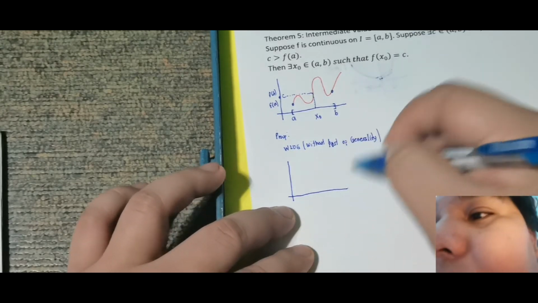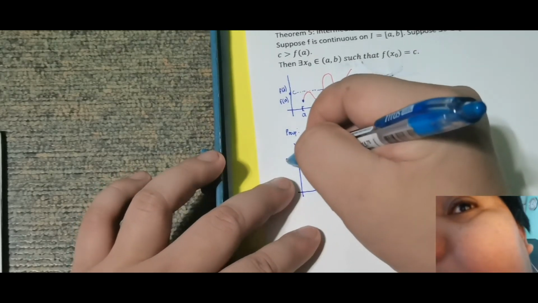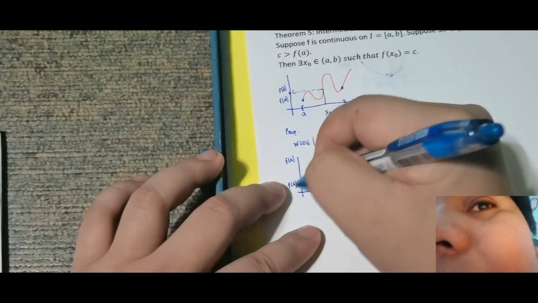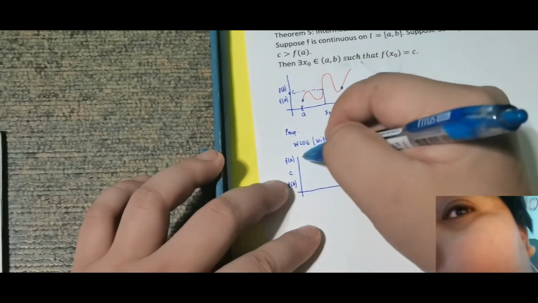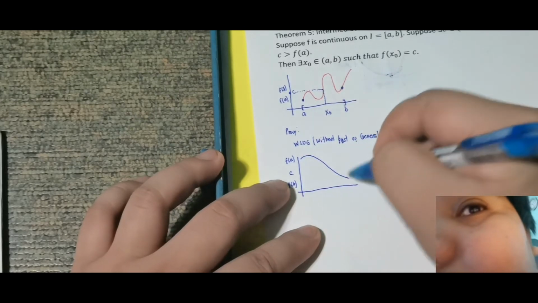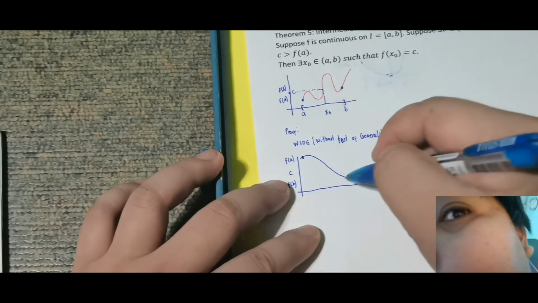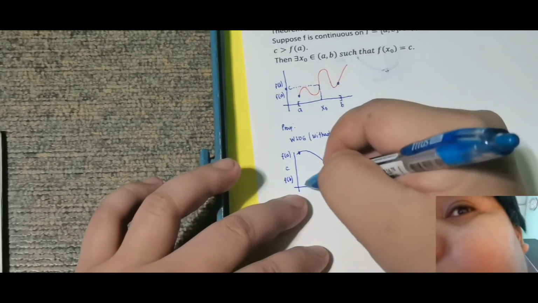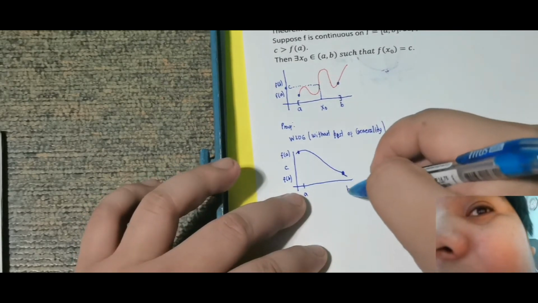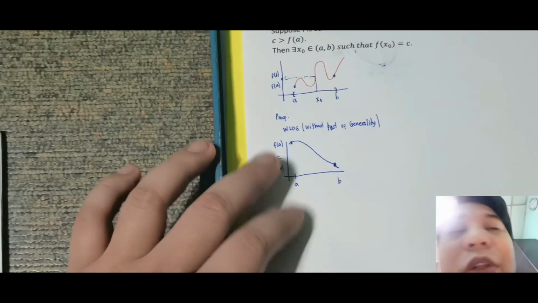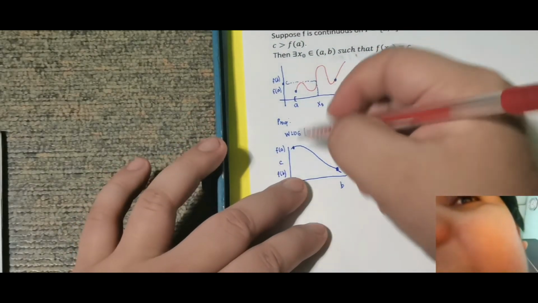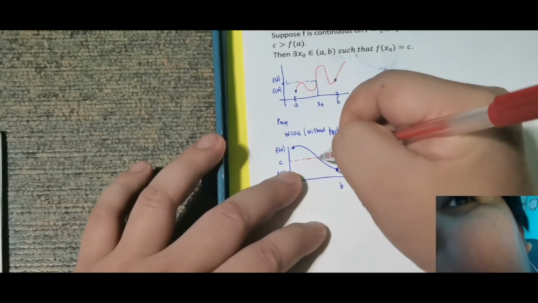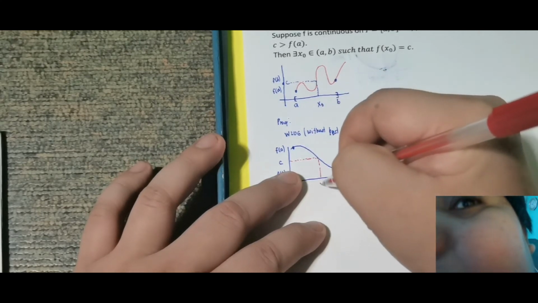tsura ng drawing. Okay, so let's say ito yung f of A, ito yung f of B, then somewhere nandito si C. So ito si A, ito si B. So ito yung sure ko. Yung C, hindi ko alam. So, ang sabi nga ni IVT, somewhere dyan, may mag-exist dito, na X naught.